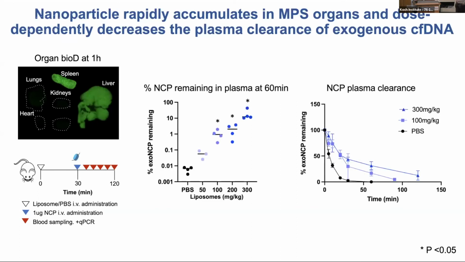And consistent with our hypothesis, what we observed is that at 1 hour, we increased the amount of DNA that we were recovering 1 to 2 orders of magnitude with liposome treatment, and this increase was significant. And this was also consistent with increases in the half-life of this cell-free DNA in circulation following treatment with either the 100 mg per kg or the 300 mg per kg liposome doses.